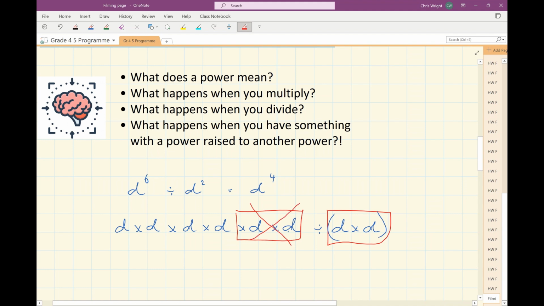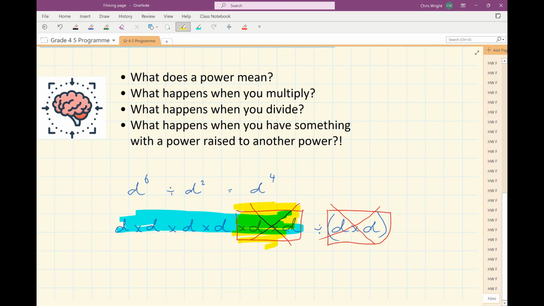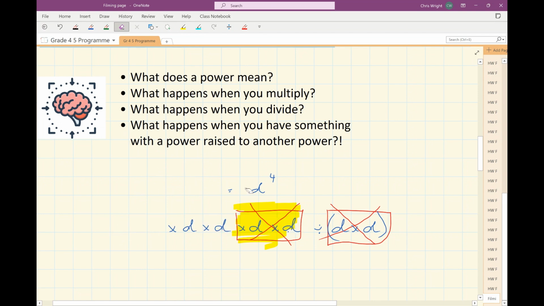Because one will cancel the other out. So you can see that I started with d to the power of 6, but by the time I've cancelled out those last two d's, I only have d to the power of 4 left. So when you divide expressions with indices, you subtract the indices, or you subtract the powers.